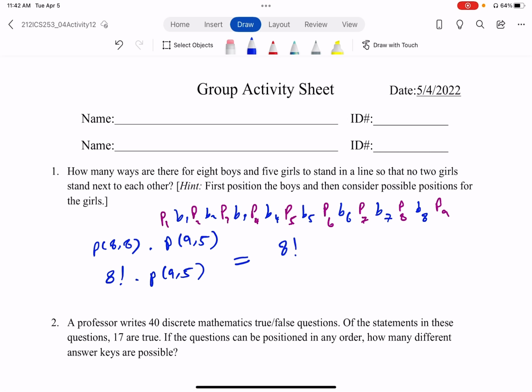We can write it as 8 factorial times, now what is P9, 5? 9 factorial divided by 4 factorial. Clear, guys? Okay, let's go to the second question.